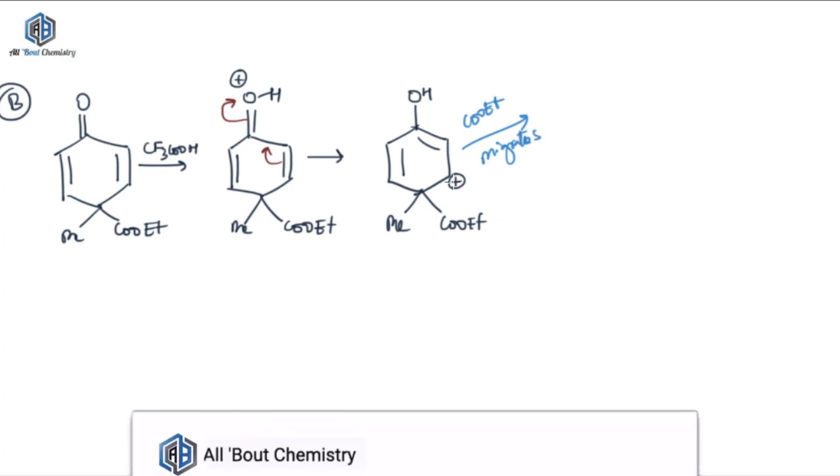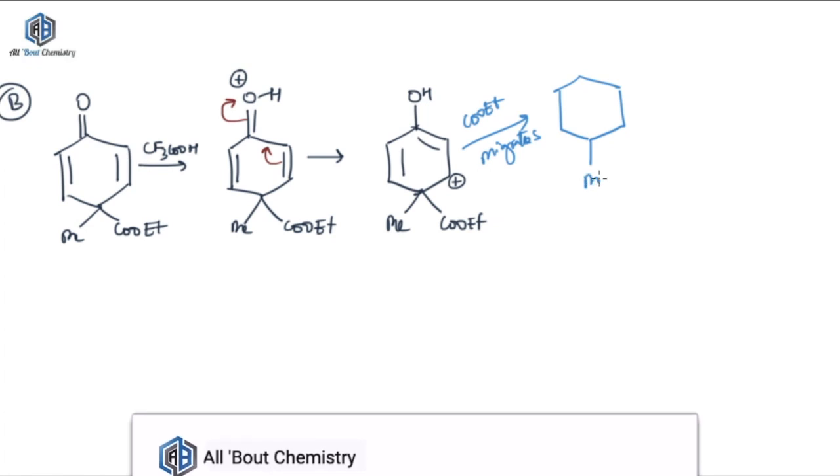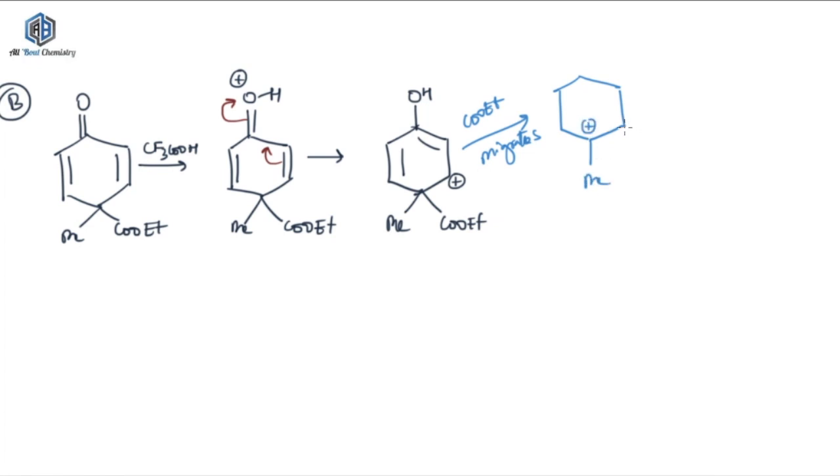So if it migrates, it will go to this particular place, and you will have something like this. Okay, so you will be having a methyl group over here, a carbocation formed over here. Now you have COOEt placed at this particular place. Rest of the things will remain as it is, your OH over here. And in the last step, this hydrogen will be given to the acid and this bond will shift over here.